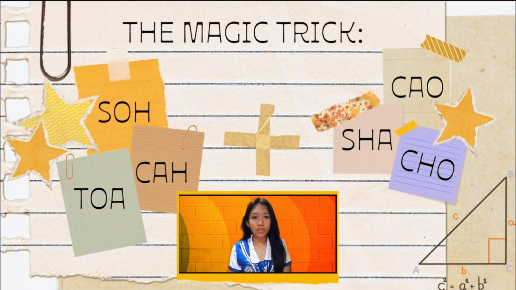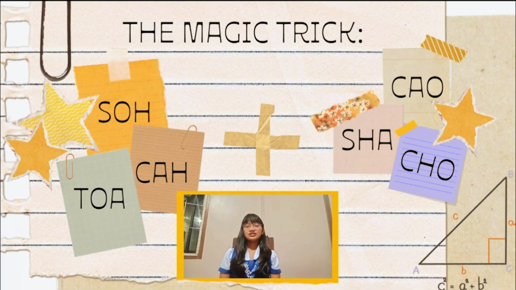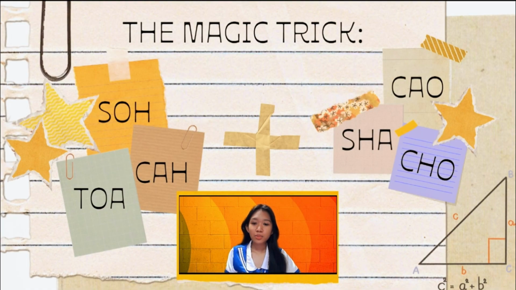Before we dive into the 6 functions, let's learn a quick way to remember them easily. Here's a trick to memorize them: SOH-CAH-TOA and CAH-SHA-SHOW. Let's break it down. SOH: sine equals opposite over hypotenuse. CAH: cosine equals adjacent over hypotenuse.